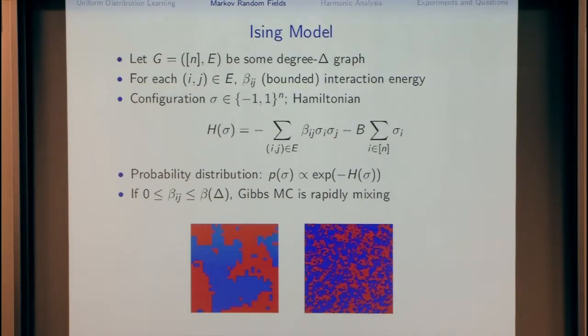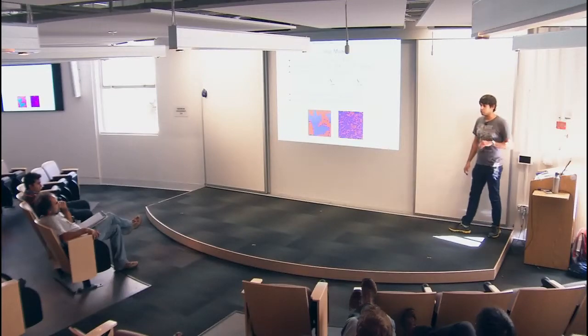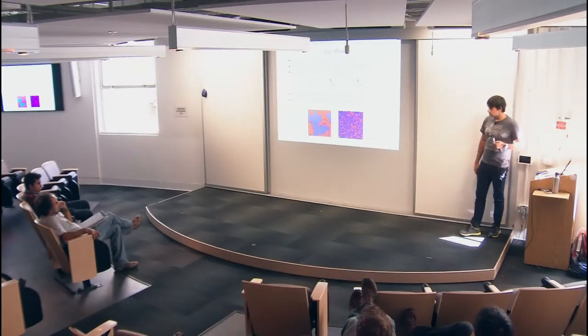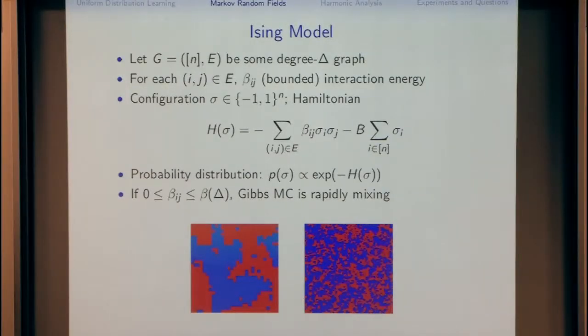Before I talk about what we can do with these MRFs, let me mention a couple of Markov random fields that may be familiar to some of you. The first one is the Ising model. Here again there's a graph, and each edge has associated with it some interaction energy. Each variable now just takes values in -1 and +1, and this is the Hamiltonian operator. We'll only be worried when all the betas are positive.